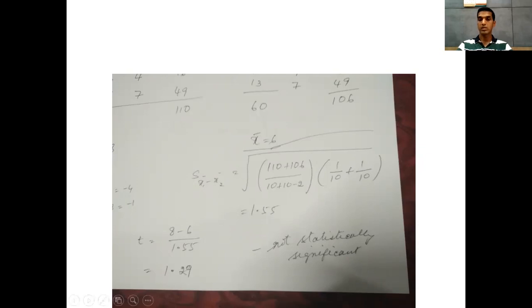Why? Because this is statistically not significant. If it was statistically significant, there would be a significant difference in the way these two groups recall advertisements. Since it is not statistically significant, there is not much difference in the way they recall the advertisement. That's how you should interpret the data.